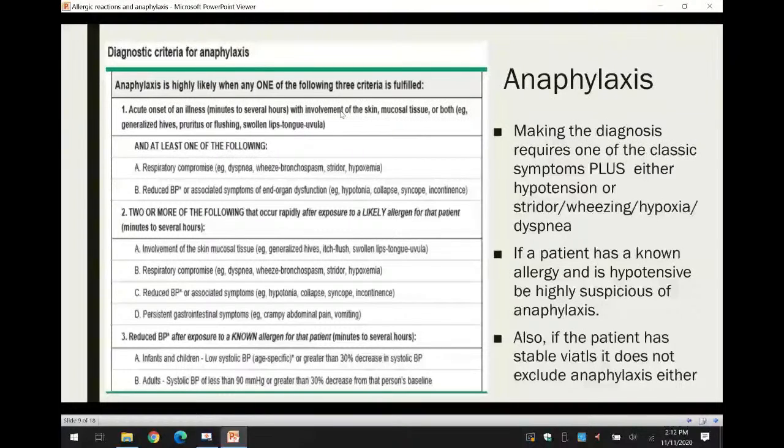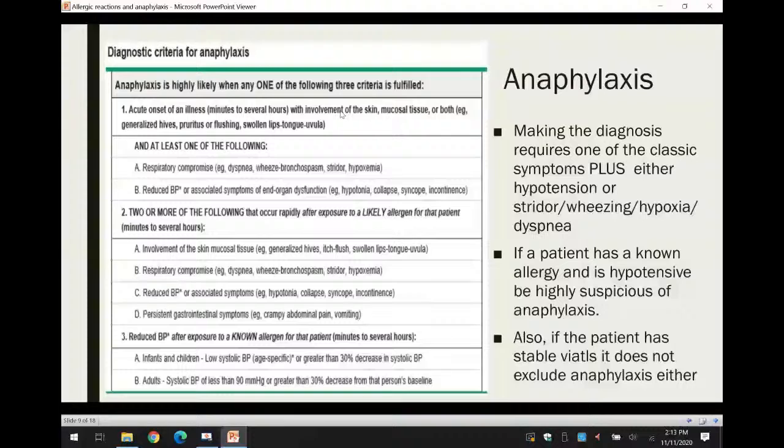Now, the other part is if you have 2 or more of the following symptoms, it's likely that they're having an allergic reaction. So anytime you have those classic symptoms involving the skin or angioedema plus any of the GI symptoms, then it should be part of your differential. I actually had a patient about 3 weeks ago that had been receiving cefepime for their antibiotics, and she had been having this rash and flushing on her neck, and she was having nausea and vomiting every time she would get a dose of this medication.